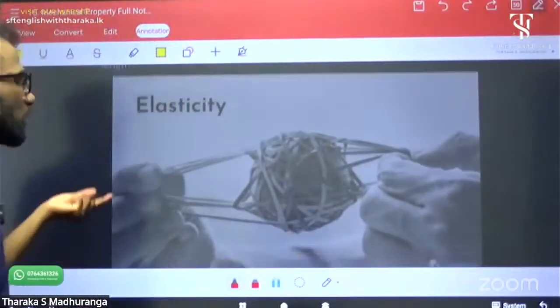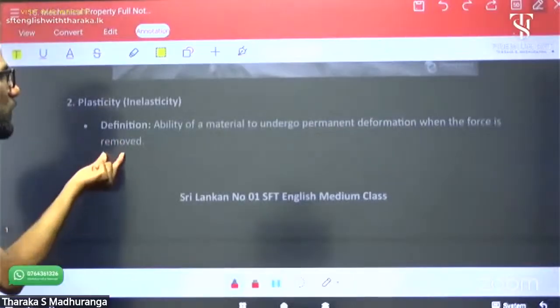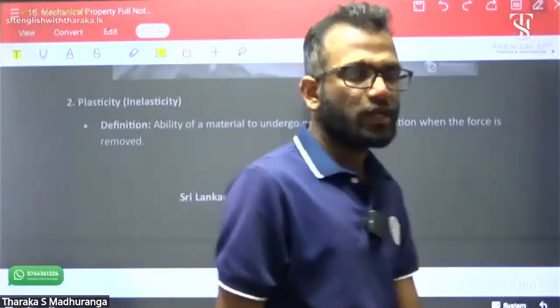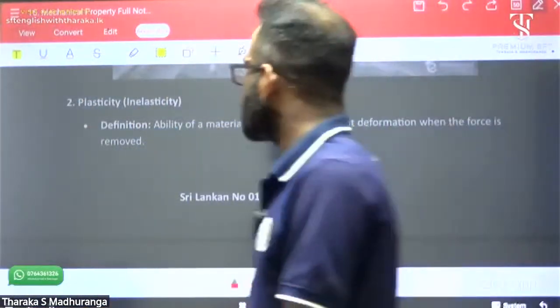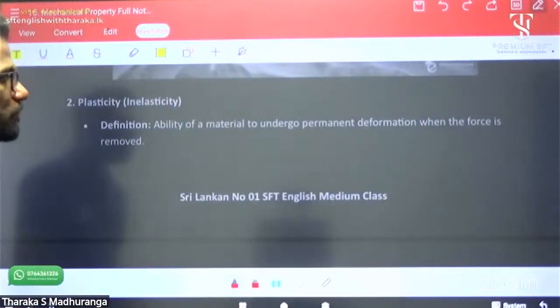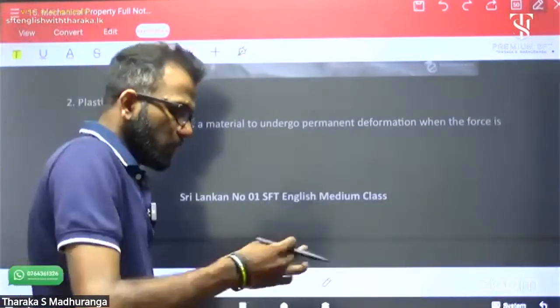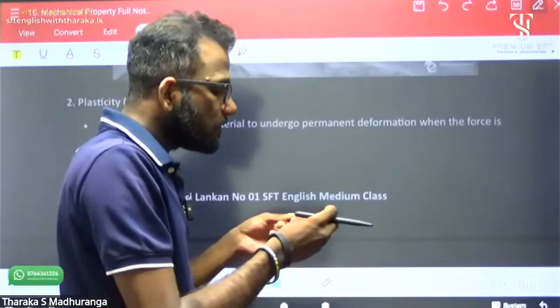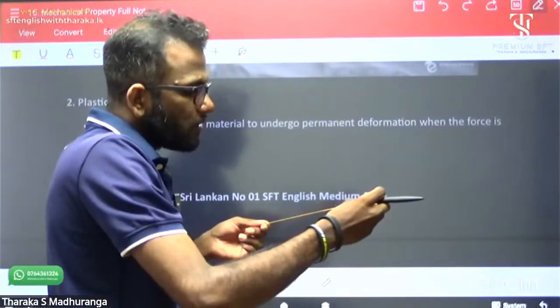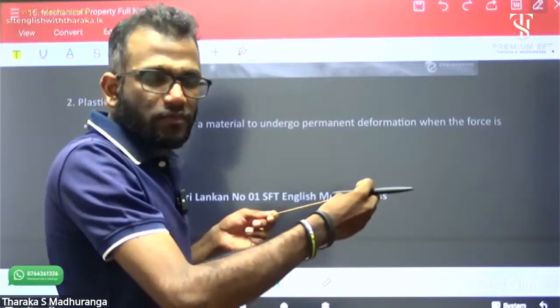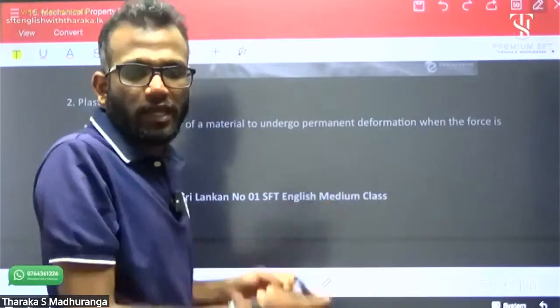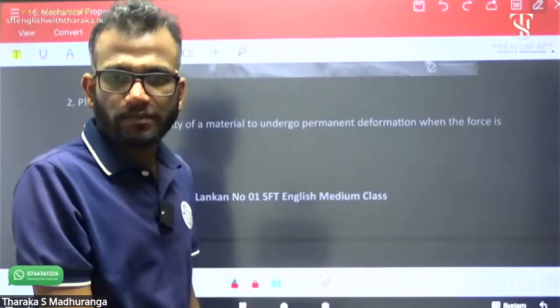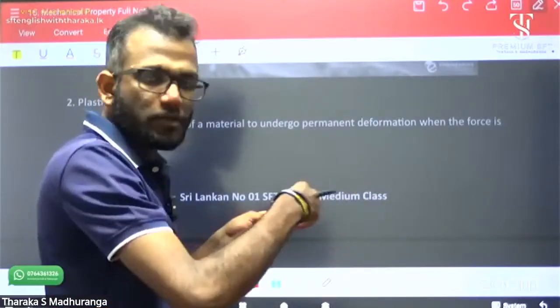Okay, now come to the next part. What is the meaning of plasticity, or inelasticity? Inelasticity means the opposite. When we apply an external force, it deforms. But if I release, it does not come back to its original position again.